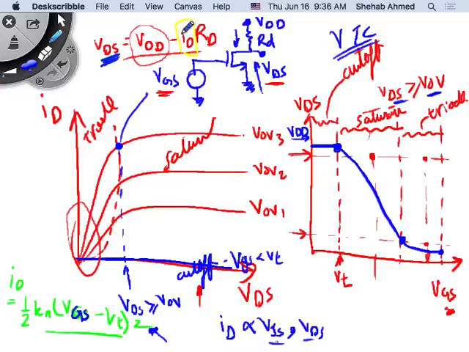I took ID out from here and substituted with my equation for saturation mode to come up with this curve. And then I took ID out, substituted with the equation for triode mode to get this curve. And then in cutoff, the device is off, meaning there's no current, meaning VDS is equal to VDD. And that's why it's a straight line here.